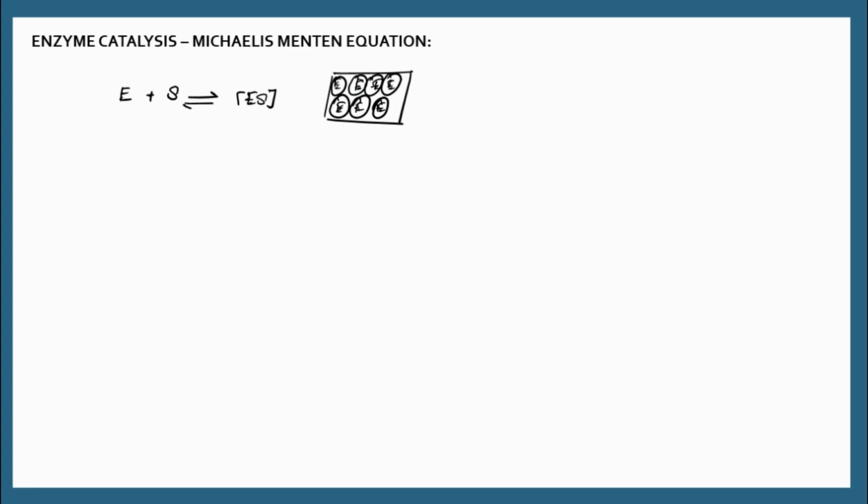So now என்ன பண்ணுறோம்னா we are going to put a substrate. So substrate is going to attack on the enzyme, thereby it is going to form activated species. Okay, so இந்த மாதிரி form ஆகும்.